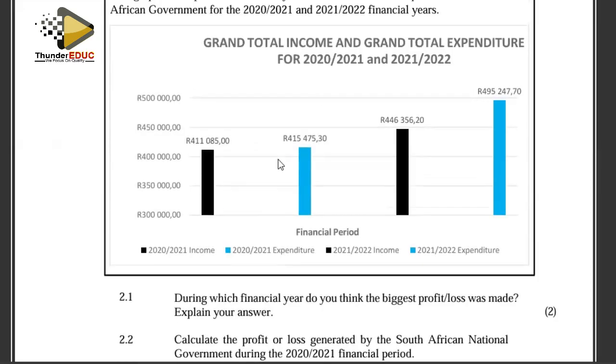It's 2021, 2022. Why? The expenditure is greater than the income. It's greater than the income.